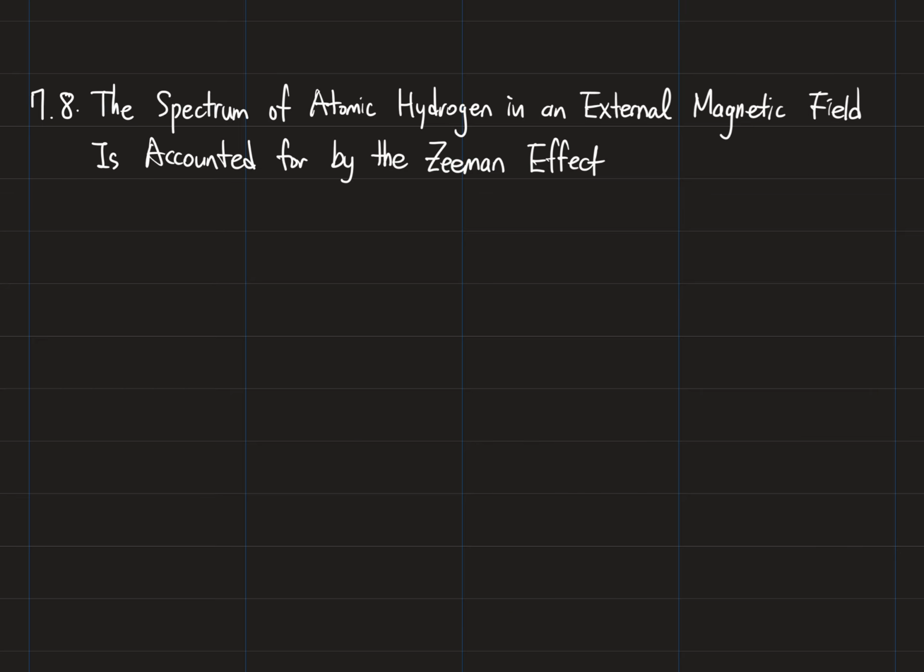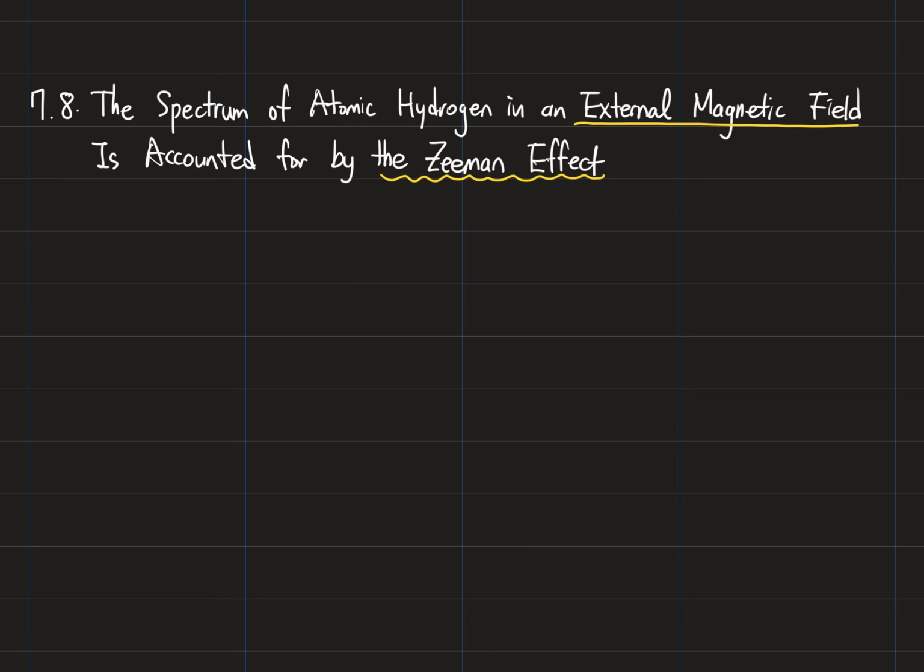Okay, let's move on to section 7.8. The spectrum of atomic hydrogen in an external magnetic field is accounted for by the Zeeman effect. From now on, we are going to discuss the effect of an external magnetic field on the hydrogen atom spectrum.